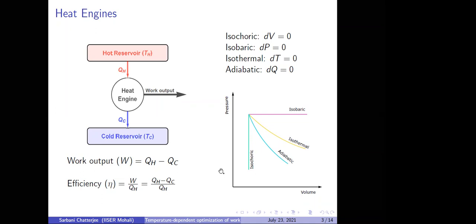Yeah, but the formula that you have written, it shows it dependent on the heat exchange from the hot reservoir to the cold reservoir. So there will be some heat exchange between that? There will be heat exchange, no doubt, but there will be no net work done in an isochoric process. So the amount of heat that it will take from the hot reservoir would be equal to the amount of heat it gives to the cold reservoir. Okay.